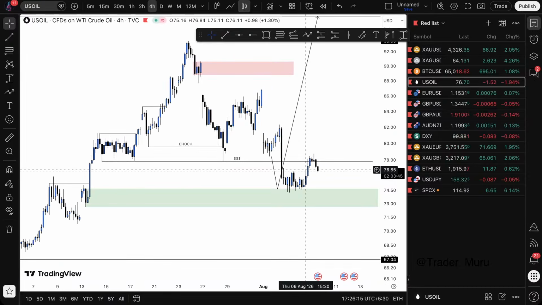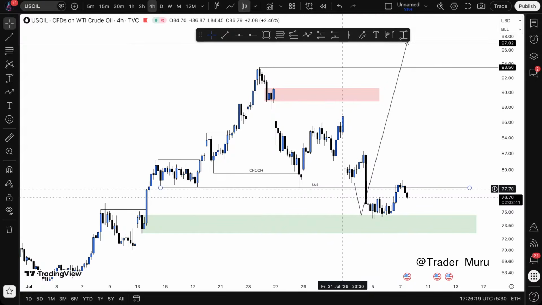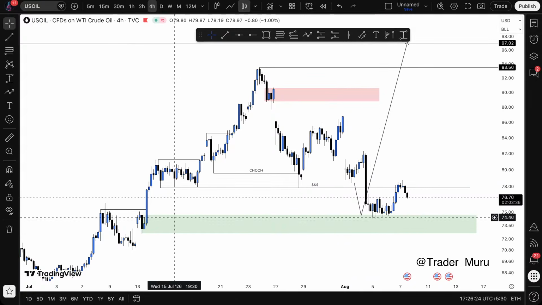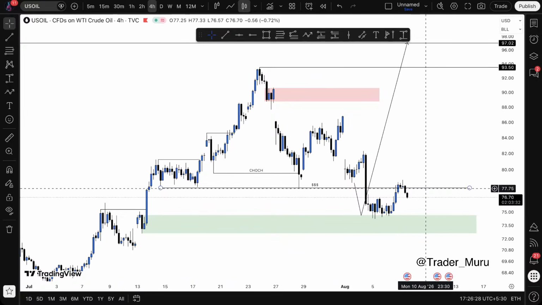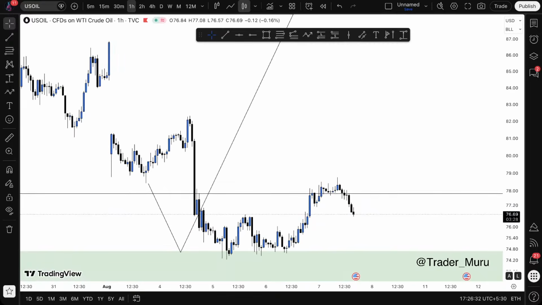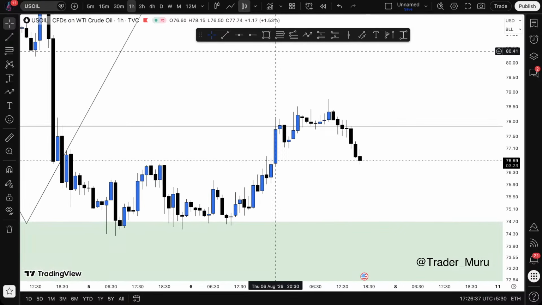Oil, as we were talking about in previous analysis, if this area doesn't hold, price is likely to sweep this area, test this area here, order block pending in 4 hour time frame, and then started pumping again. In smaller time frame, we have a 1 hour time frame change of character here.